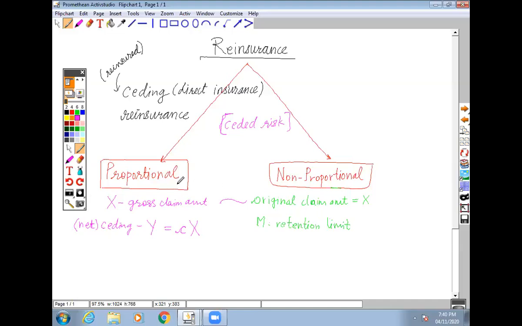But here in proportional, for each and every claim, my reinsurance company will pay a certain amount of that claim. And this C can just be 0.75. So 75% of each and every claim amount will be paid by the ceding company, and 25% of each and every claim amount will be paid by Z, which is the reinsurance company's claim amount.